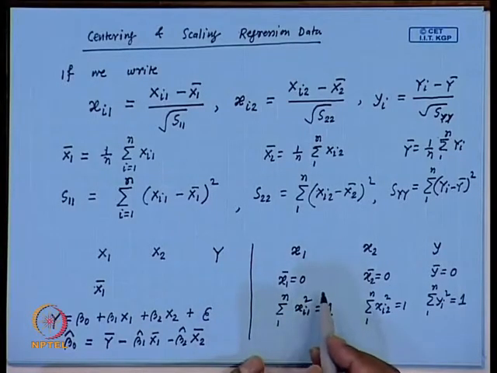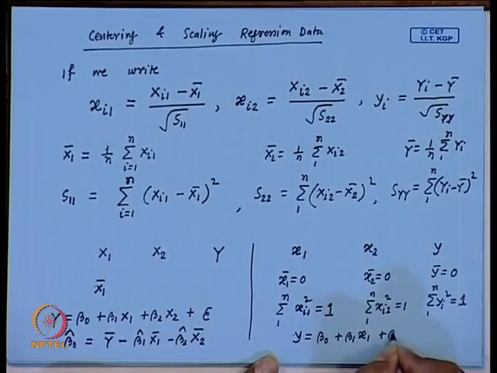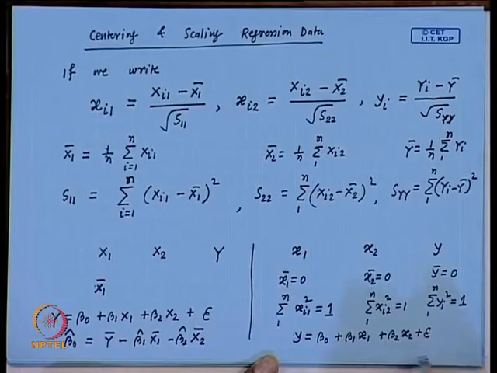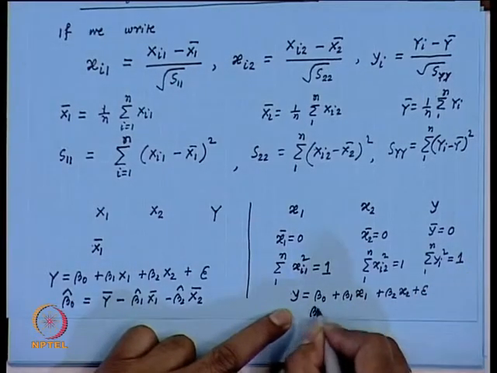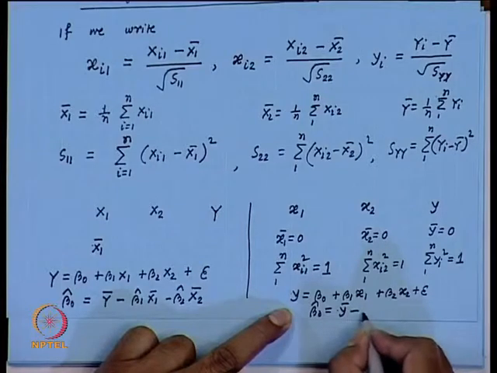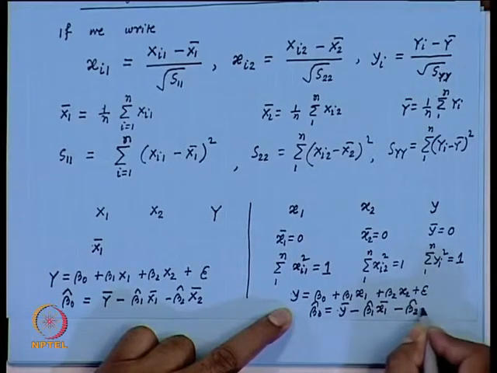But if you fit the same model here for the transformed data also, y equal to beta naught plus beta 1 x1 plus beta 2 x2 plus epsilon, then it is not difficult to check that beta naught hat is going to be 0 here, because beta naught hat is equal to y bar minus beta 1 hat x1 bar minus beta 2 hat x2 bar.